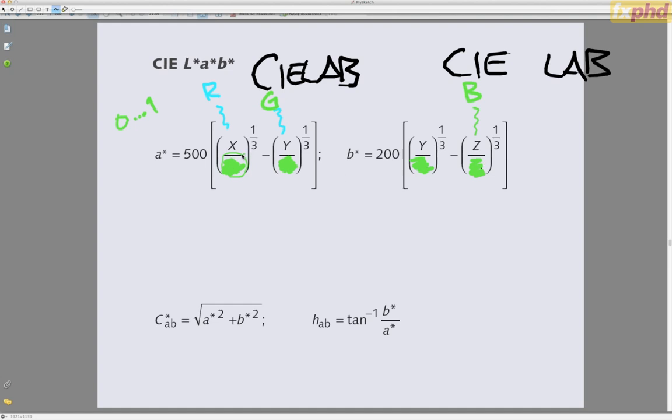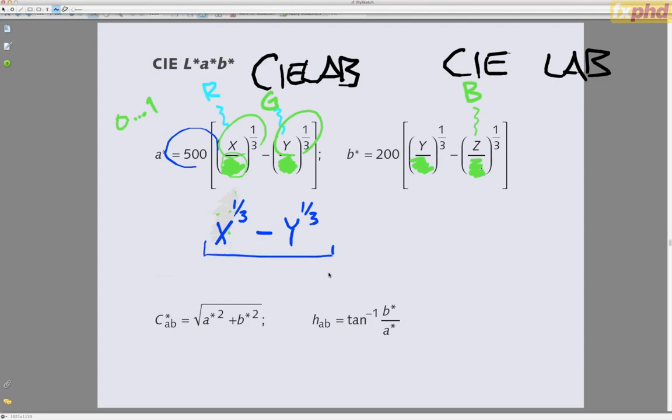So what you've got here is basically big X to the 1/3 and big Y to the 1/3 subtracted. And then they're multiplied by a fairly big number, but we'll get to that in a minute.